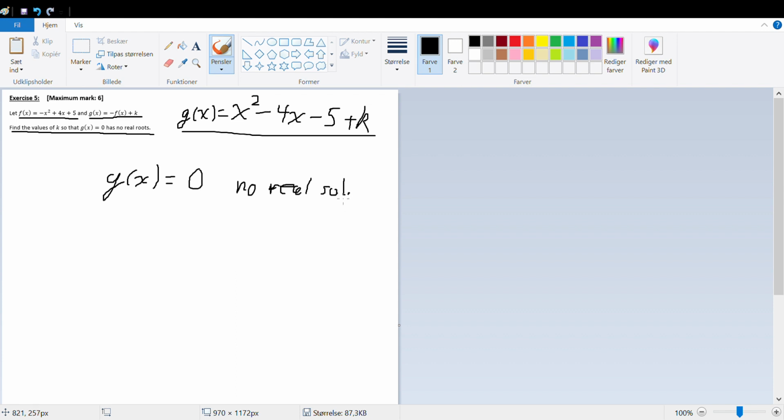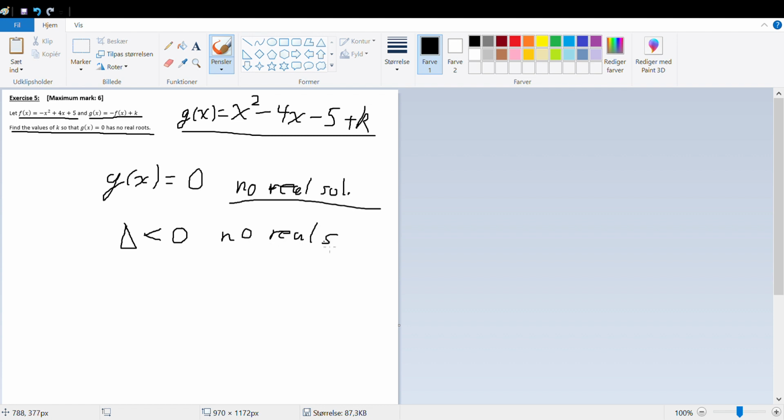So, okay, fair enough. When do we have no real solutions? Well, the way that I would go about this, because of the way that I think, is that I think to myself, well, the discriminant. When the discriminant is less than 0, that's when we have no real solutions.